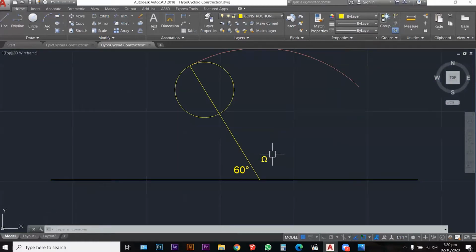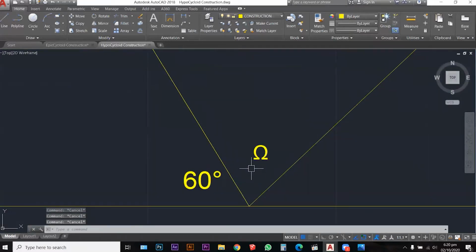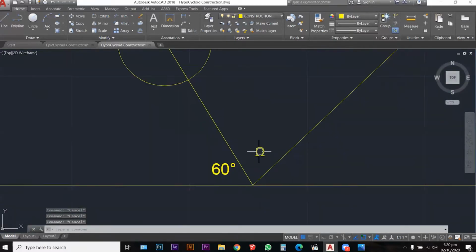But if you know something about a straight line, a straight line is 180 degrees, so if one side is 135 degrees, when we subtract 135 degrees from 180, we get 45 degrees. So I can simply come here at this point and create a 45 degree line like that, right? And that takes care of my omega angle.